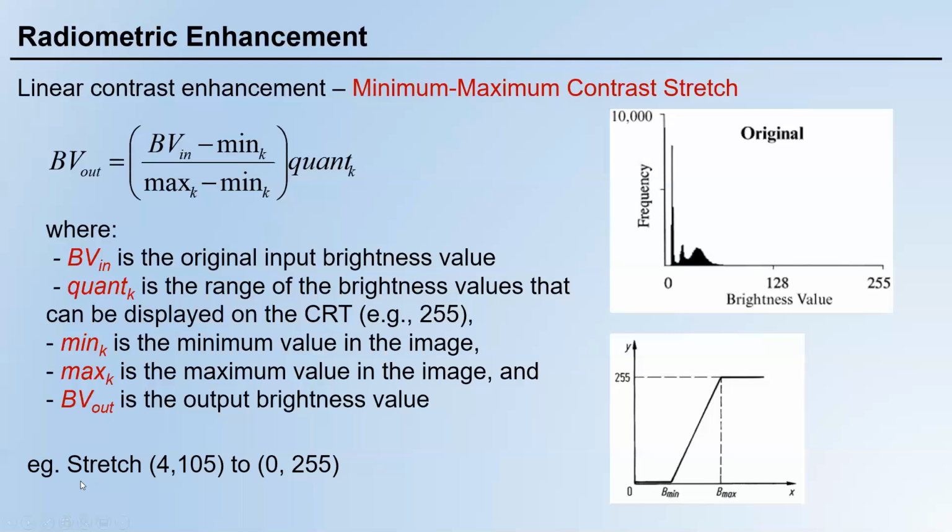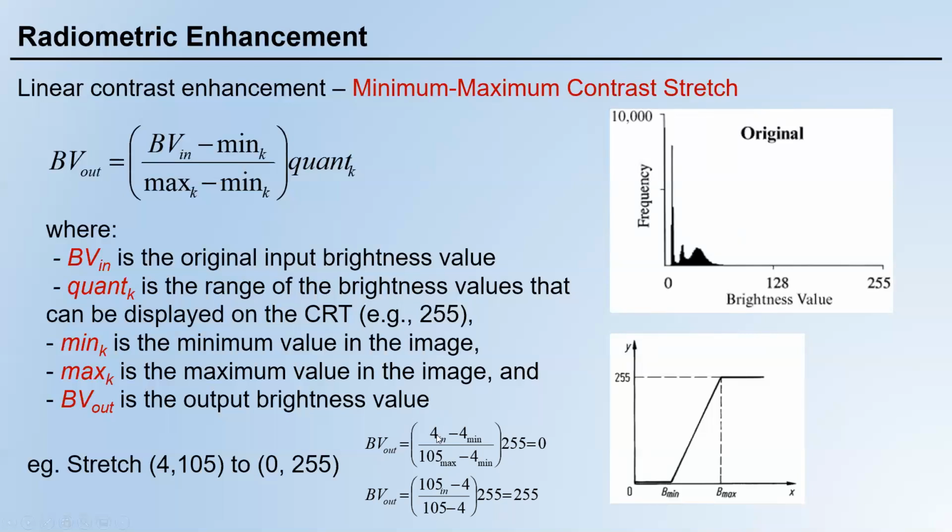For example, the min value of an original image is 4. The max value is 105. We want to stretch this range to 0 and 255. Here is the example. In the original image, if a pixel has a value of 4, it will be processed using this equation.